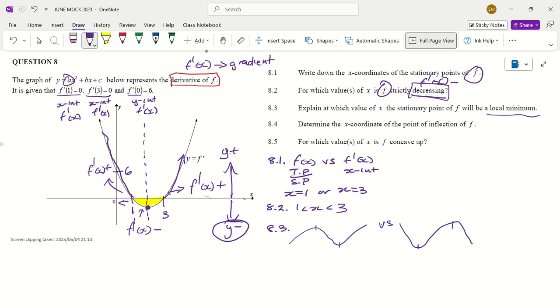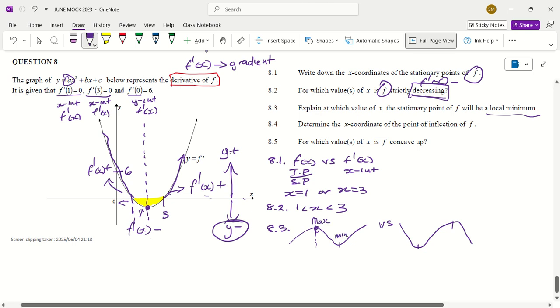If it starts by increasing, it will have a maximum. Then if it starts by decreasing, it will have a minima first and then have a maximum. But how do you find that out?